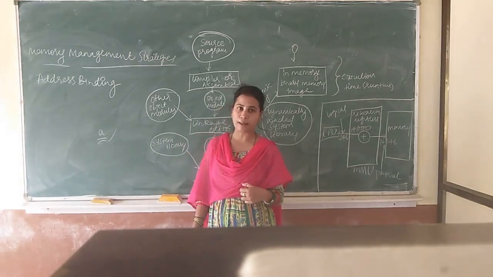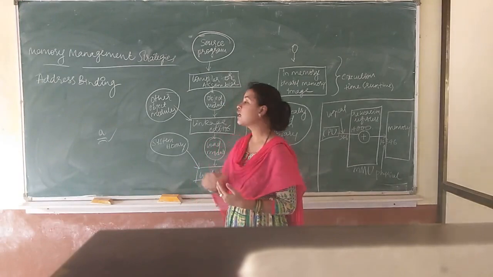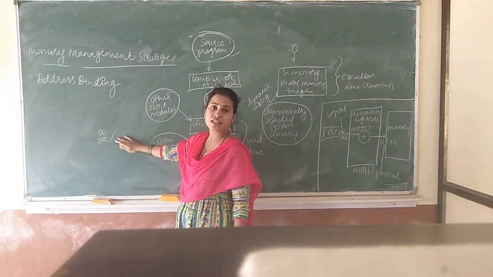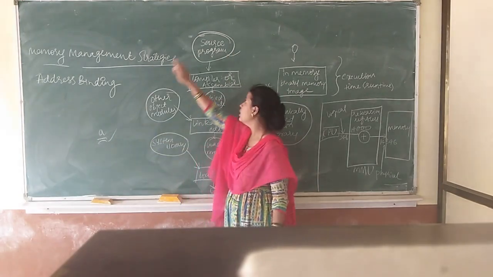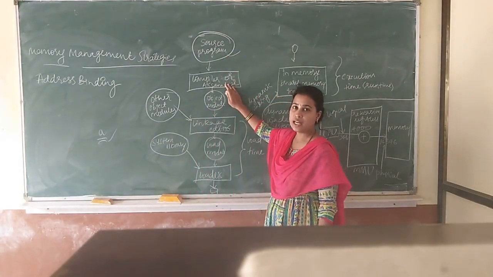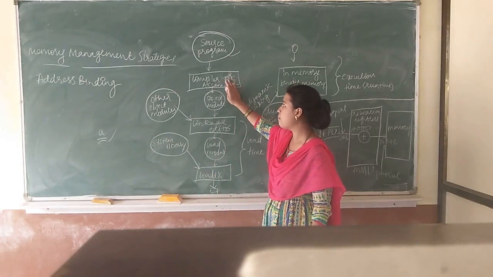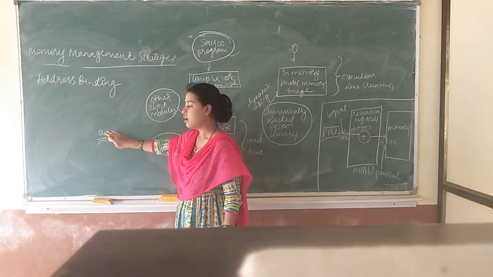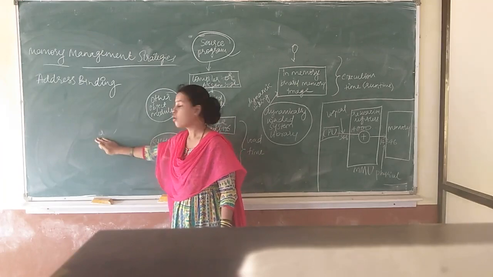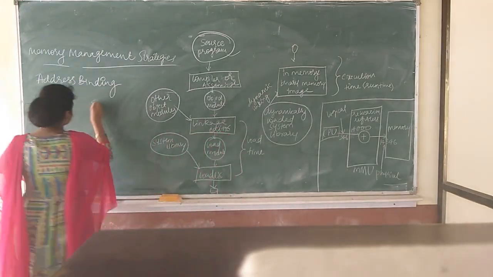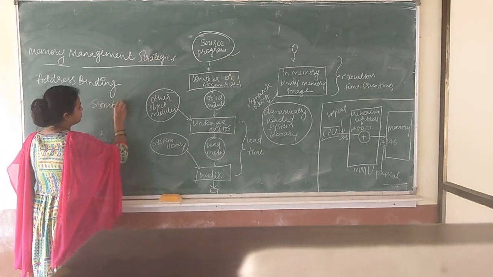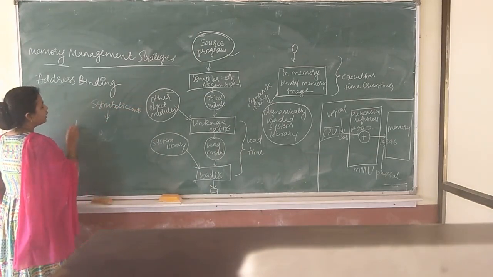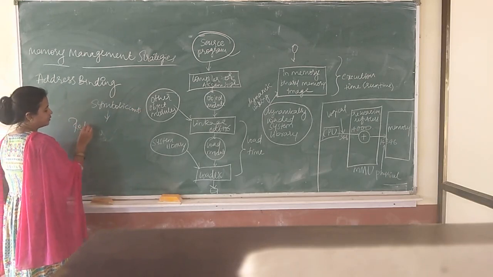Then we compile. After compiling, the compiler or the assembler will change these symbolic constants to relocatable addresses.